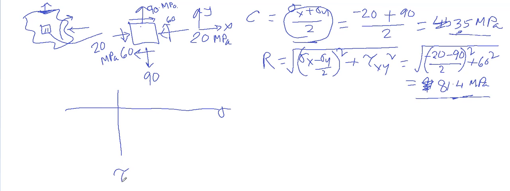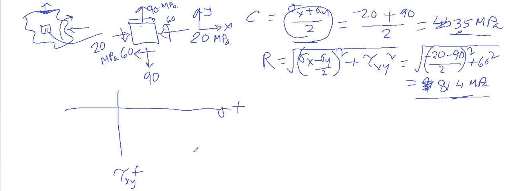The vertical axis we assume shear stress, and we assume the right side of sigma is positive and downward is positive.